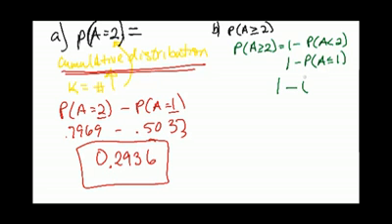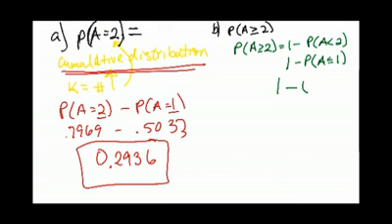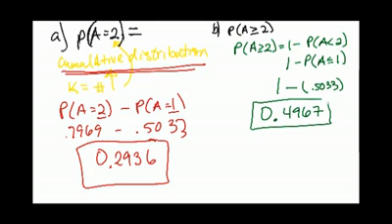If you look up the value for 1, it was 0.5033. So do 1 minus 0.5033, and you get 0.4967. Alright? So that would be that.